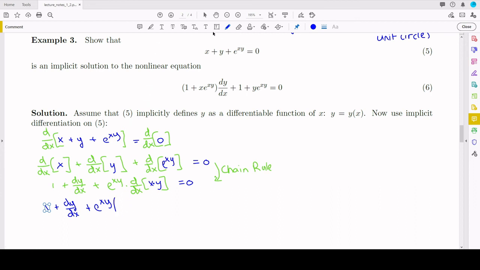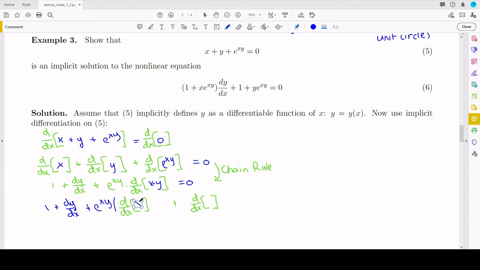And so we get d/dx of x, and then times y, and then we have x times d/dx of y.